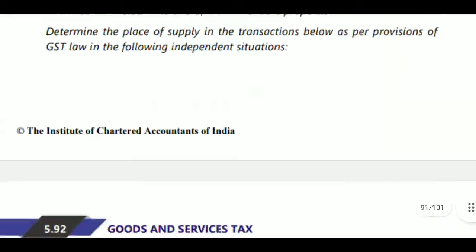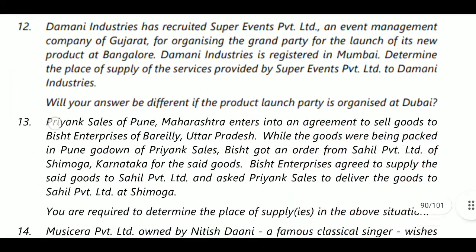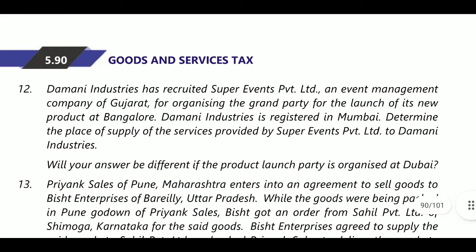Next, the 12th question. In the 12th question, Adoni Industries has recruited Super Event Private Limited, an event management company. So Adoni is the recipient, and Super Event Private Limited, a company of Gujarat, is the supplier. It is engaged for organizing a grand party for the launch of a new product at Bangalore, so the event will be at Bangalore.